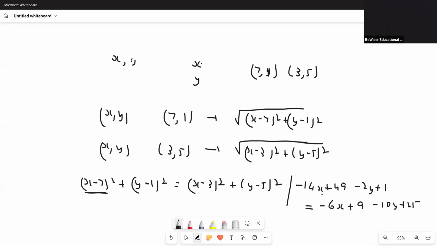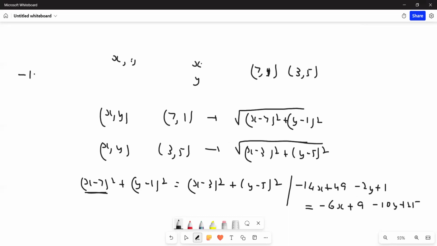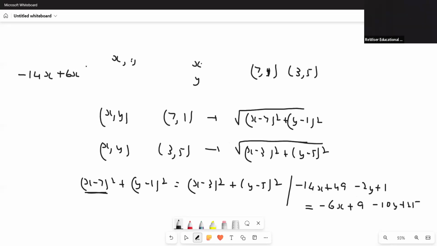I'll bring all x on one side and all y on the other side. So that's minus 14x, and I'll bring the other x, so that's plus 6x. Here it is plus 50, 49 plus 1. Bringing y to the other side, minus 10y plus 2y gives minus 8y, and 25 plus 9 is 34.